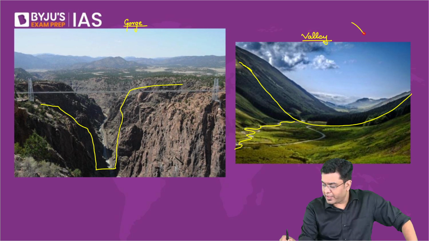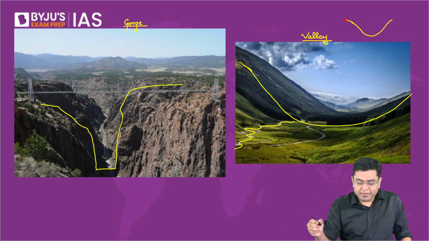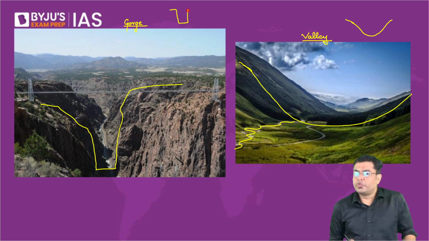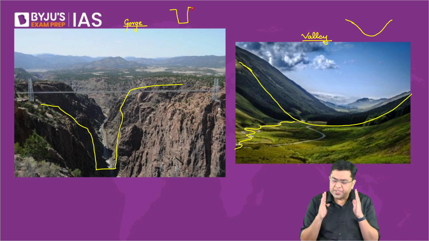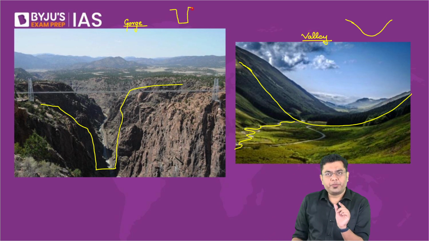No, this is not the Riyasi bridge. No, it is not the Chenab bridge. So here, the valley will be created like this. And then when we talk about the gorge, gorge will have a feature like this. Okay. So gorge will have a much significantly vertical wall-like structure with a narrow base, right?